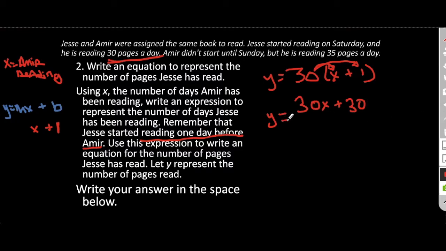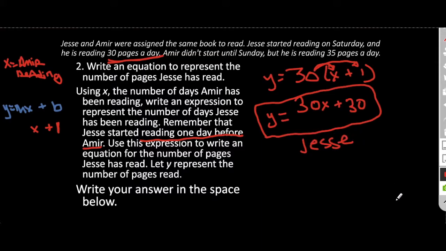So a good equation for this, y is equal to 30x plus 30. And this is for Jesse.